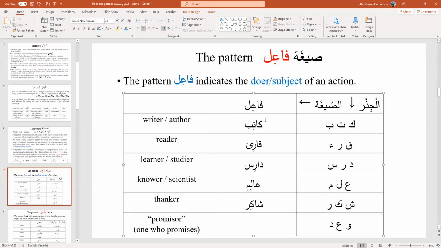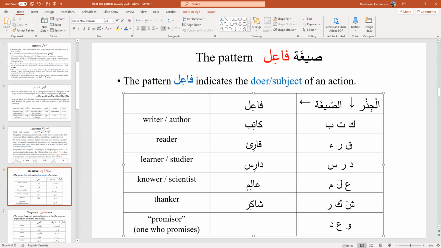So the fa with the ayn, the ayn with the lam, and the lam with the mim. Second step, you add the alif and the kasra as they are. So it will be alim. And alim is someone who knows, i.e. a knower, between quotation marks, or a scientist.